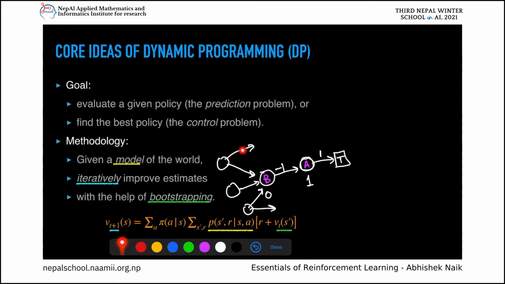We can greedily look at what is going on right after this action, right? Look at the immediate reward and the value of the next state. So maybe let's take another small example.